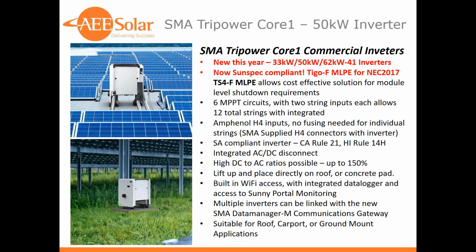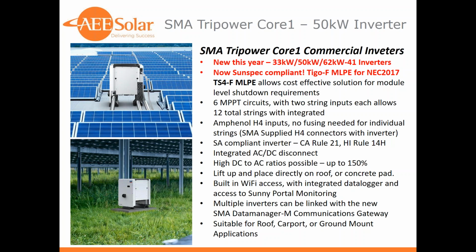This year they introduced a 33 and a 62 kW to complement the 50, and they moved to the -41 inverter, so that's now SunSpec compliant and can utilize the Tigo F MLPE devices. There have been some delays in shipping the SMA and MLPE device to the Tigo Fs, but I believe they're going to get that worked out for the third and fourth quarters of this year.